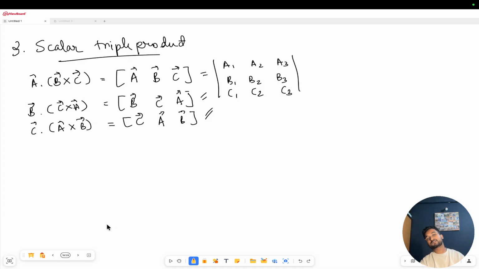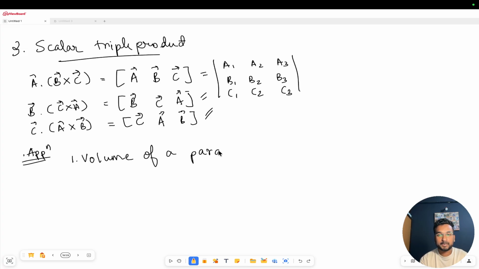What is the application of scalar triple product? What do we get from here? One is the volume of a parallelepiped. Second, the volume of a tetrahedron.